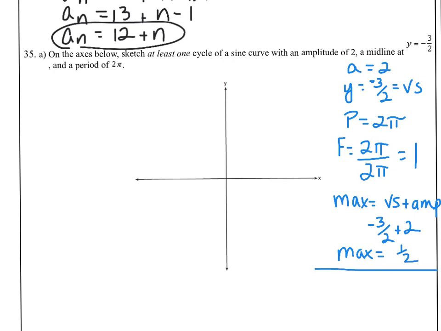If I want to find the minimum, I'm going to do the vertical shift minus the amplitude. I'm not going to write that down just because I'm running out of room. So the vertical shift, which is negative 3/2, minus the amplitude, we know that the minimum is going to be negative 3.5.